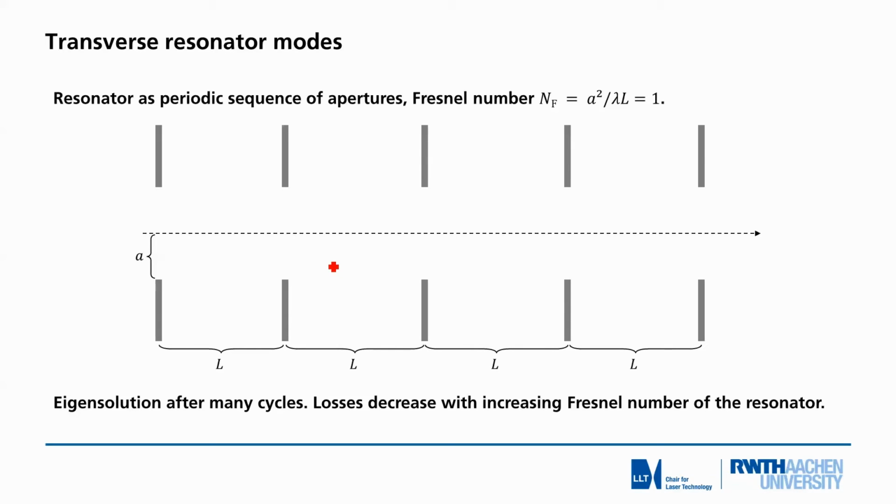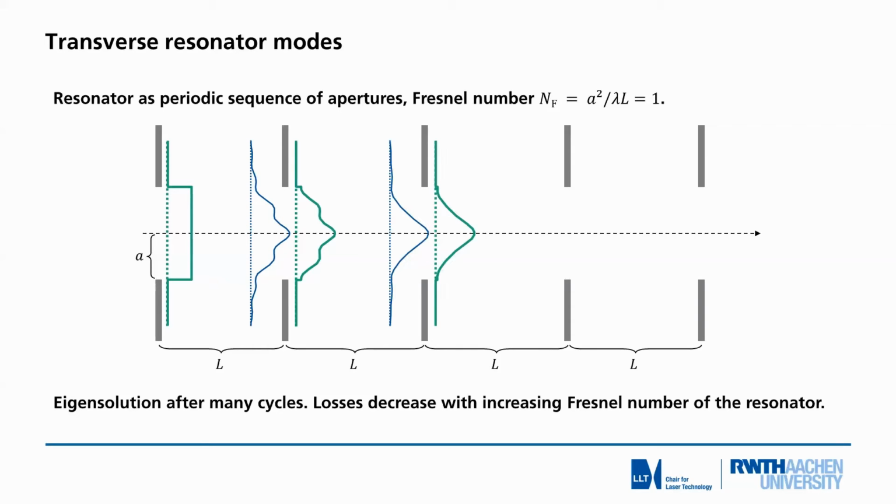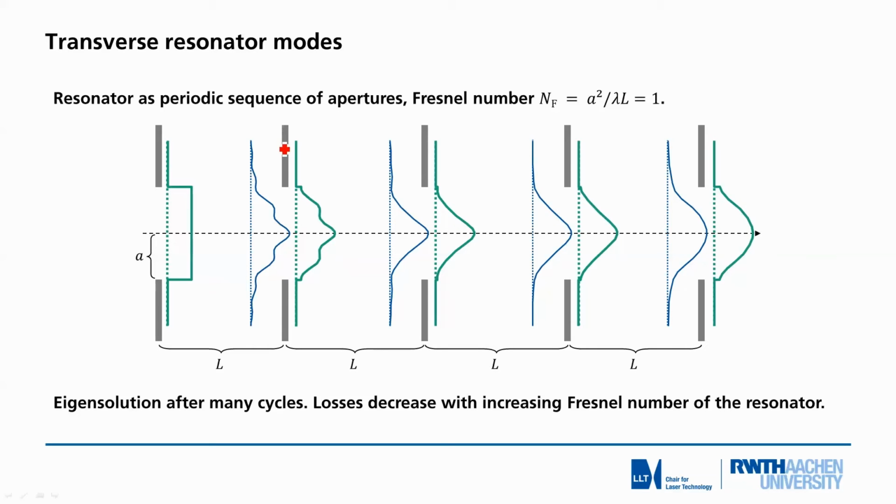If we look at what is happening, if we start, for instance, with a rectangular distribution and go through individual apertures, think of reflecting mirrors of a certain size, then we know from diffraction that this initially top hat profile will change due to Fresnel diffraction to some complex shape. Then we come to the next aperture. It cuts out only the center part.